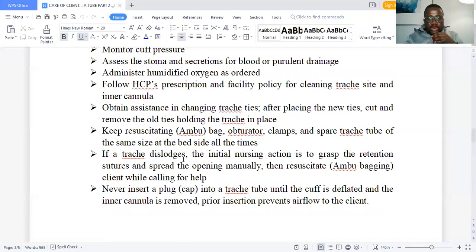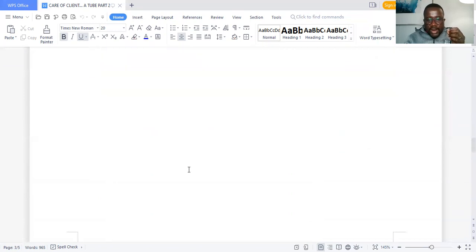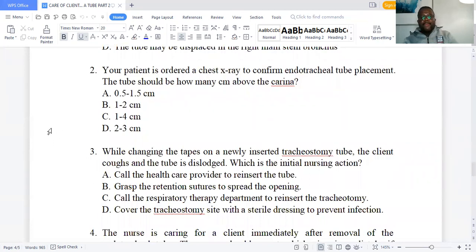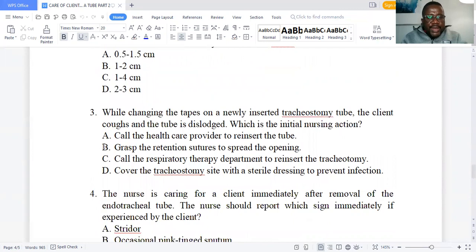If a trach dislodges, the initial nursing action is to grab the retention sutures and spread the opening manually, then resuscitate while calling for help. Yes, you have to do that. That is what you have to do. In that order. Okay, B is the right answer.